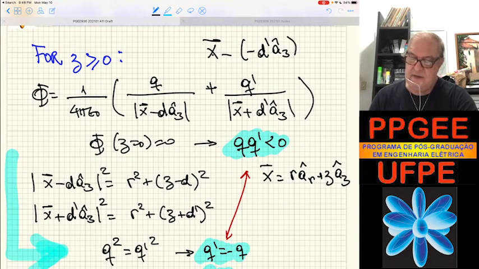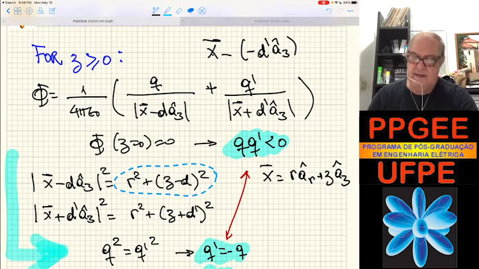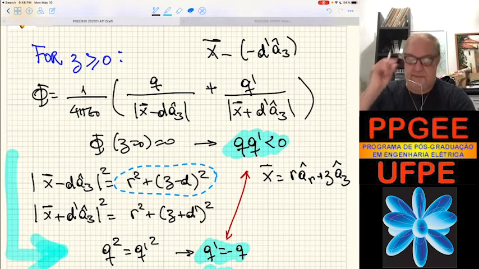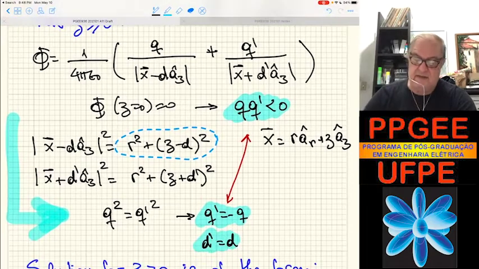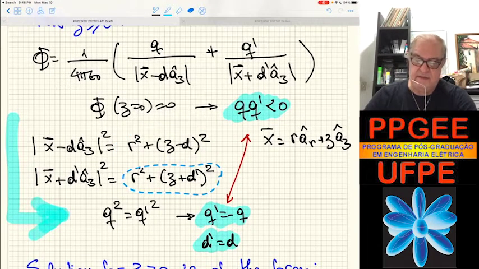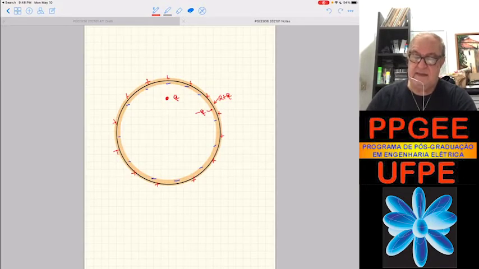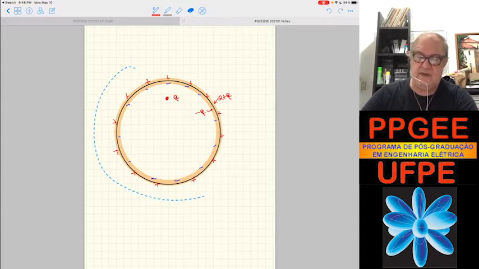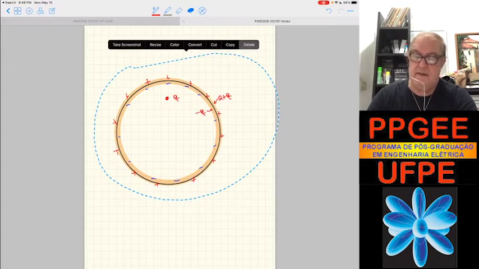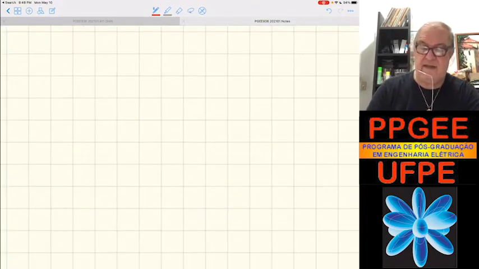So if I have that minus d a_z, you're going to end up with that quantity. Same thing for the other magnitude. So when you solve that, after a little bit of calculation, you're going to have something like this.